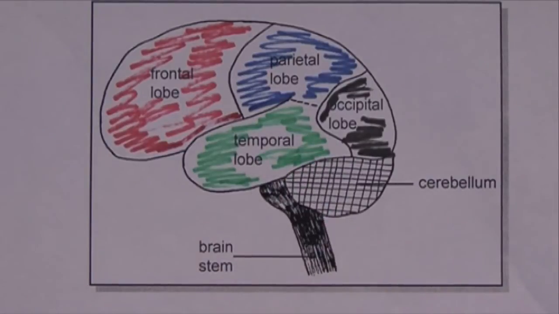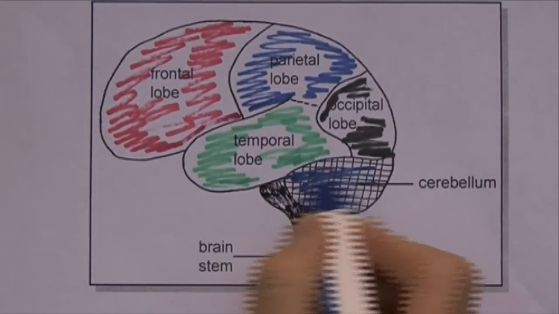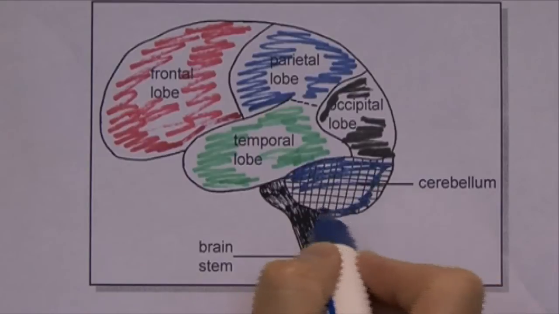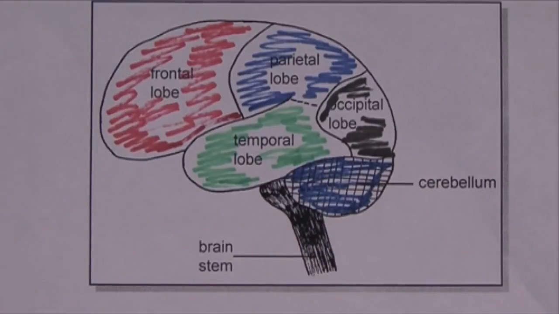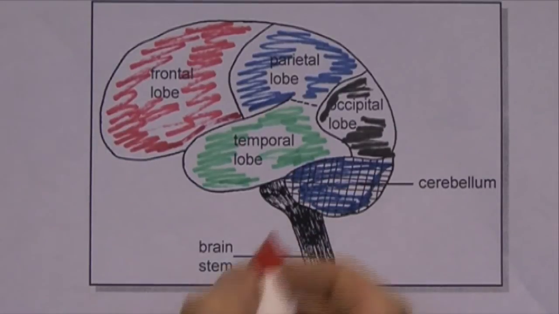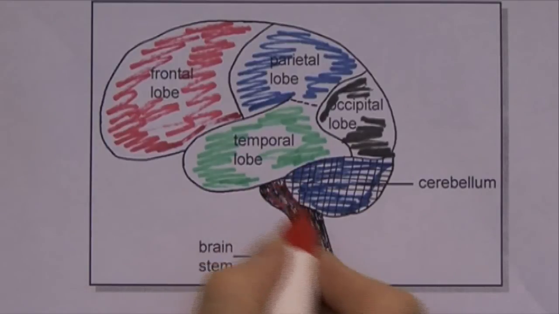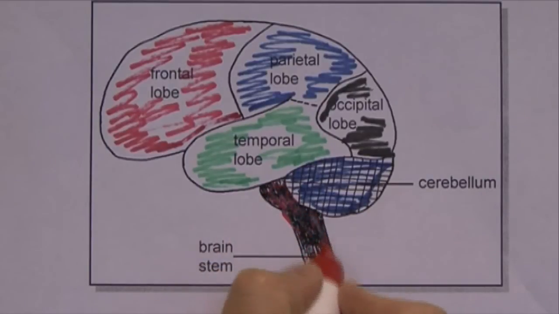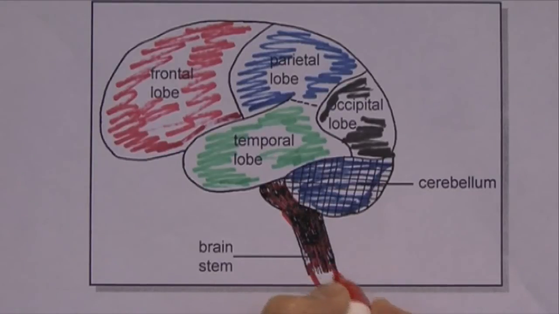All of those are, of course, lobes of the cerebrum. Then the area of the cerebellum here. And then finally the area of the brain stem down here. Midbrain, pons and medulla oblongata. And this is continuous with the spinal cord.